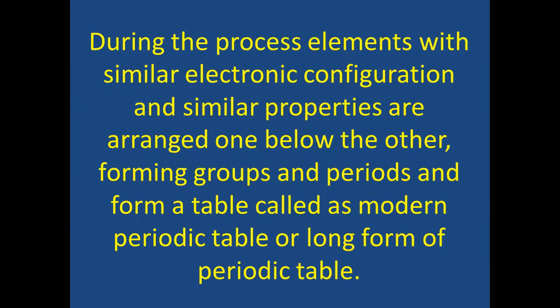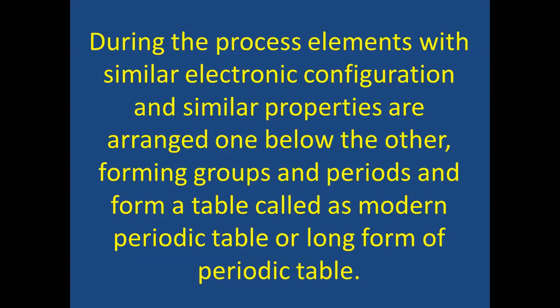During the process, elements with similar electronic configuration and similar properties are arranged one below the other, forming groups and periods, and thus they form a table called as modern periodic table or long form of periodic table.